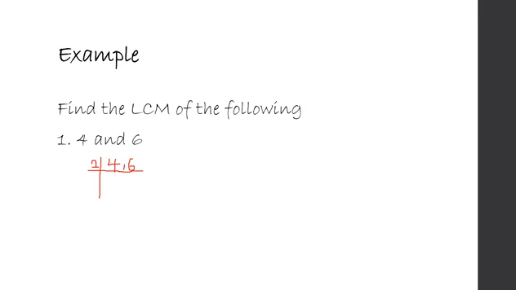So 2 in 4, we have 2. 2 in 6, we have 3. So 2 can still go, we can still use 2. 2 in 2, you have 1. 2 in 3, it cannot work because it will have a remainder, and once it's having a remainder, don't divide it, just drop the figure.